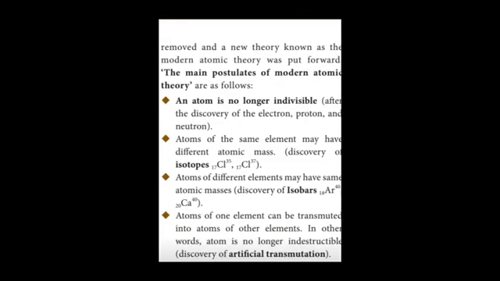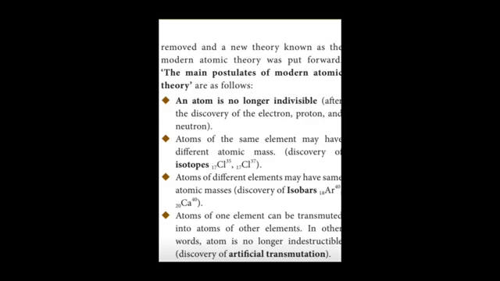The fourth postulate is, atoms of one element can be transmuted into atoms of another element. Here, the meaning of transmute is conversion of one element into another. If we transmute atoms of one element into the atoms of another element, we will be getting a new element.